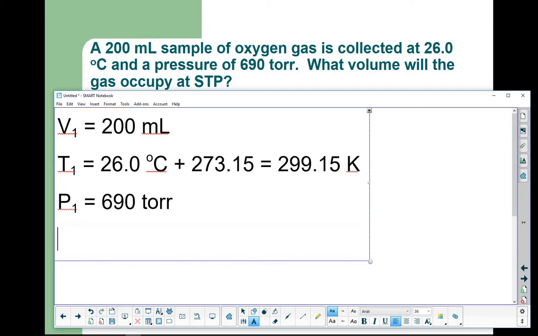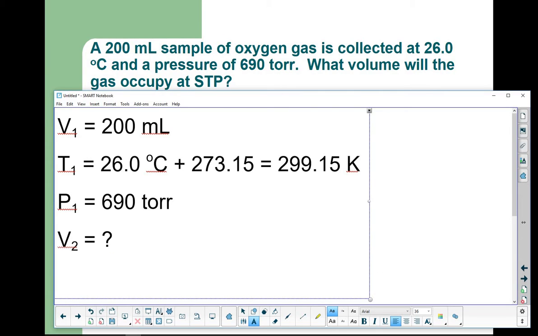What will the volume be? Okay, I'm looking for V2. Will the gas occupy at STP? So STP, I'm going to have a pressure that's constant, and if I choose the torr that is equal to 1 atmosphere, then I can cancel it out. So what would the torr that was equal to 1 atmosphere be?